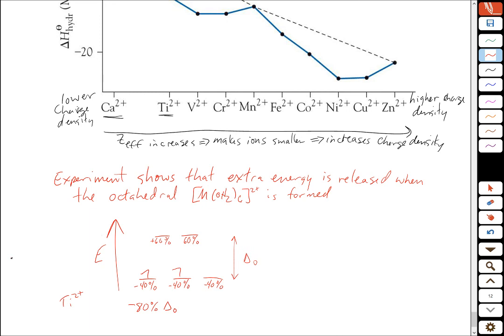The orbitals started here in the free ion, and then we split them into a set of 2 and a set of 3. And by putting electrons in the lower energy, we are actually releasing energy.